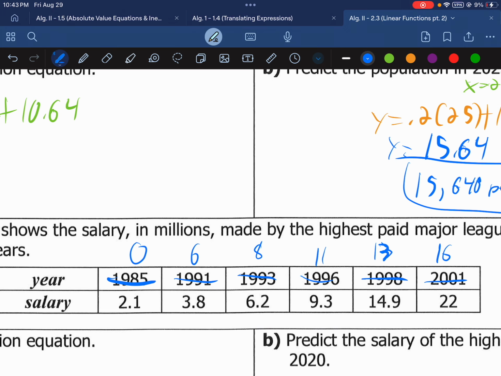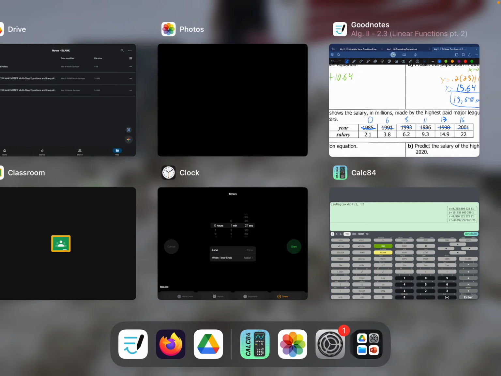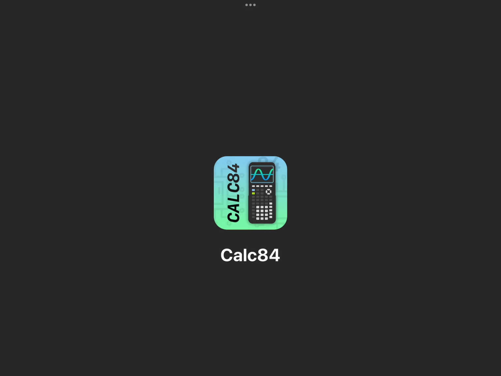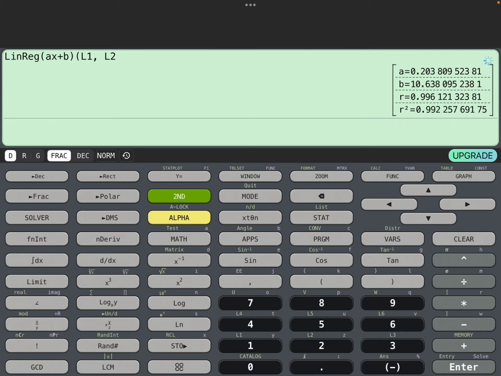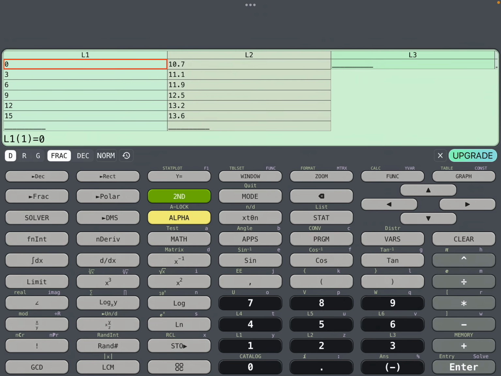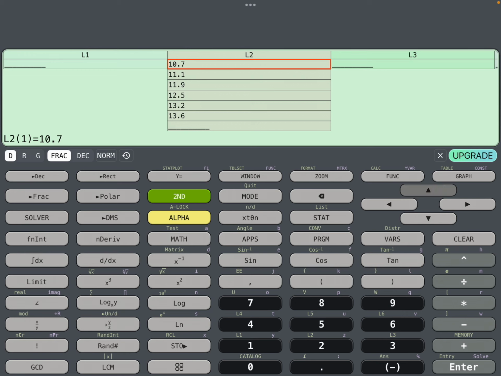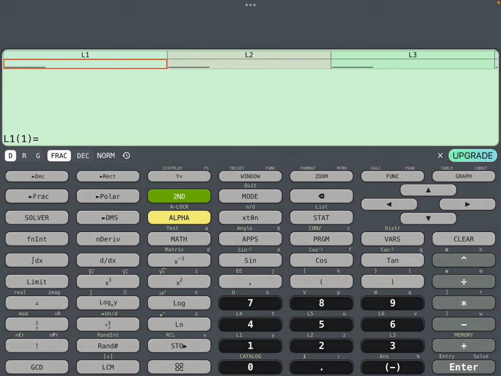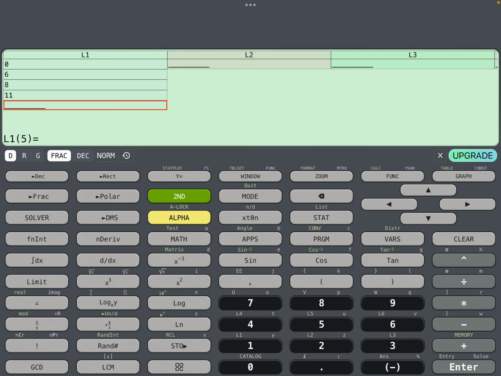I'm going to type these x and y values in now to my list. So I go back to Calc 84 here, let it load, go to Stat, Edit, and clear out my list here, and start typing in. And so I have 0 for my x value, 6, 8, 11, 13, and 16.